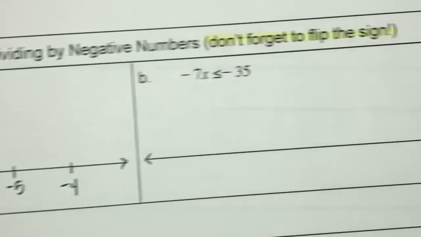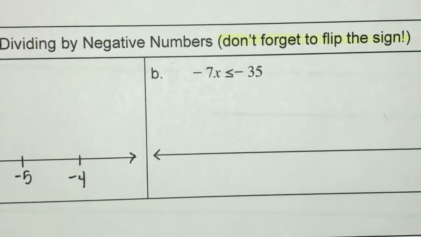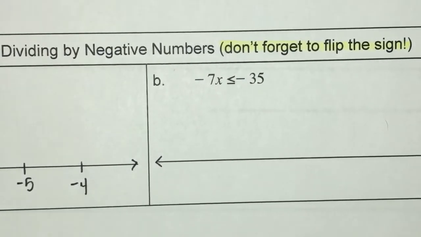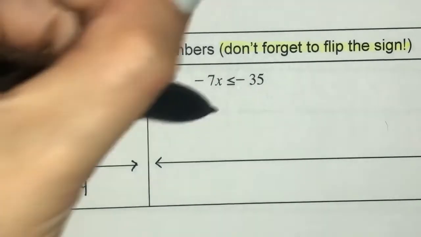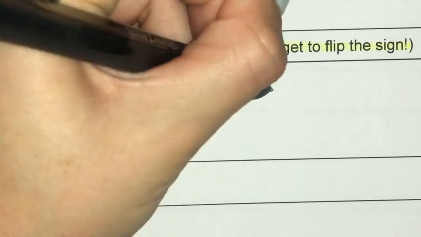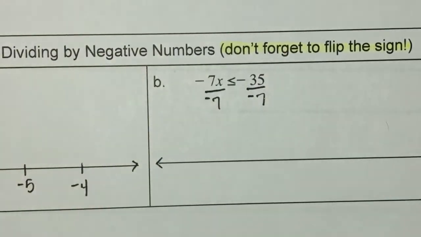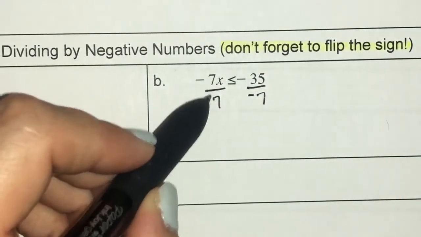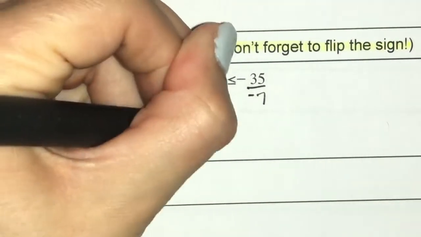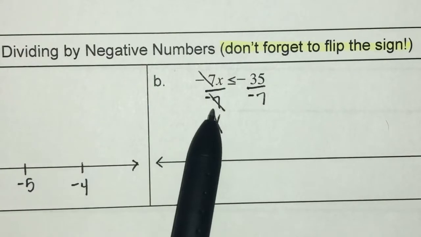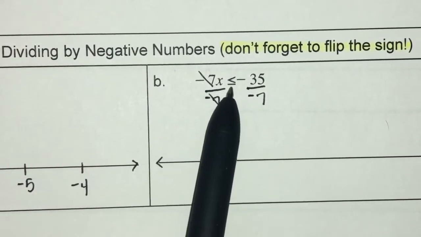And then for b, negative 7x is less than or equal to negative 35, so I have negative 7 being multiplied by the x. In order to undo multiplying by negative 7, I need to divide both sides by negative 7. So multiplying by negative 7 and dividing by negative 7 cancel out. So I'm just left with x. But because I'm dividing by a negative number, I need to flip this inequality symbol.